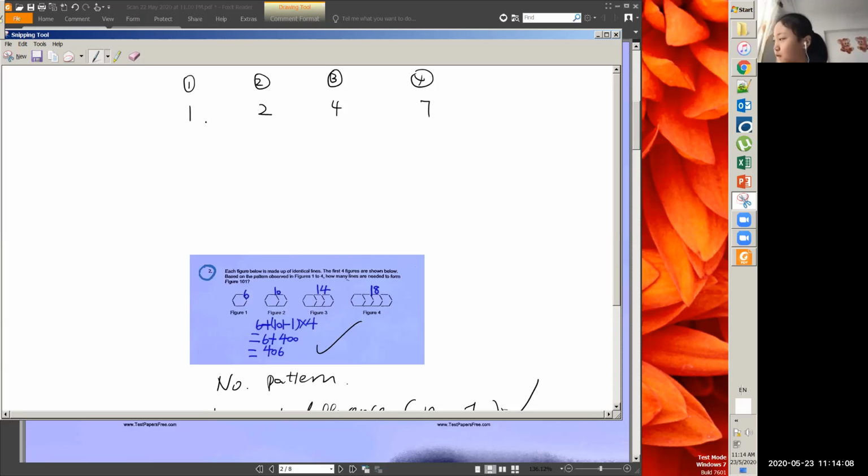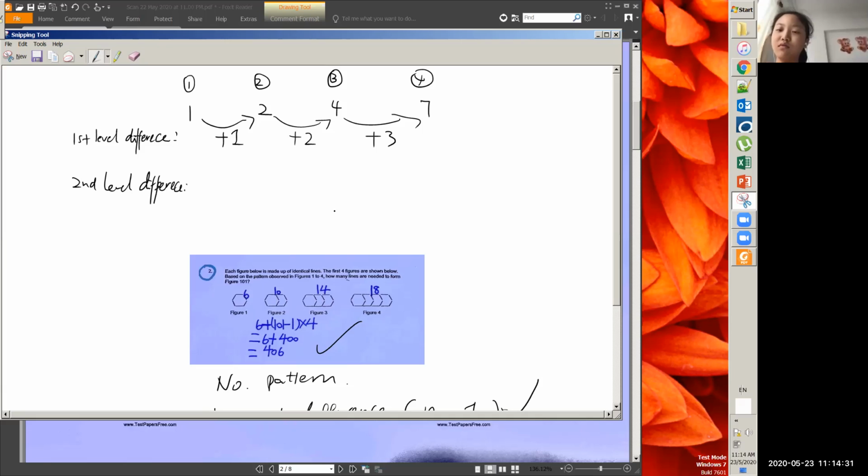Because if you look at this question, this is the first level difference. This is the second level difference. The first level difference from here to here is +1, then here to here is +2, here to here is +3. You can see the first level differences are not the same.